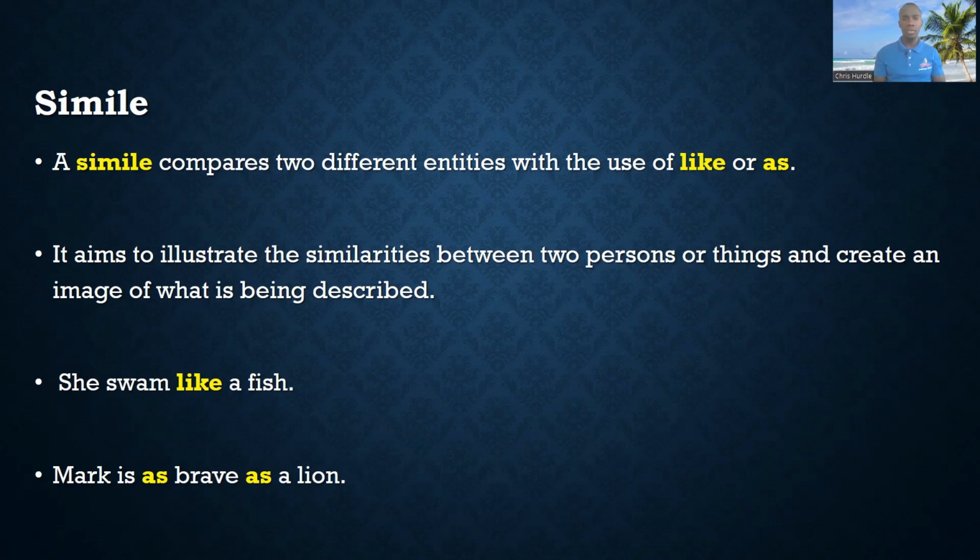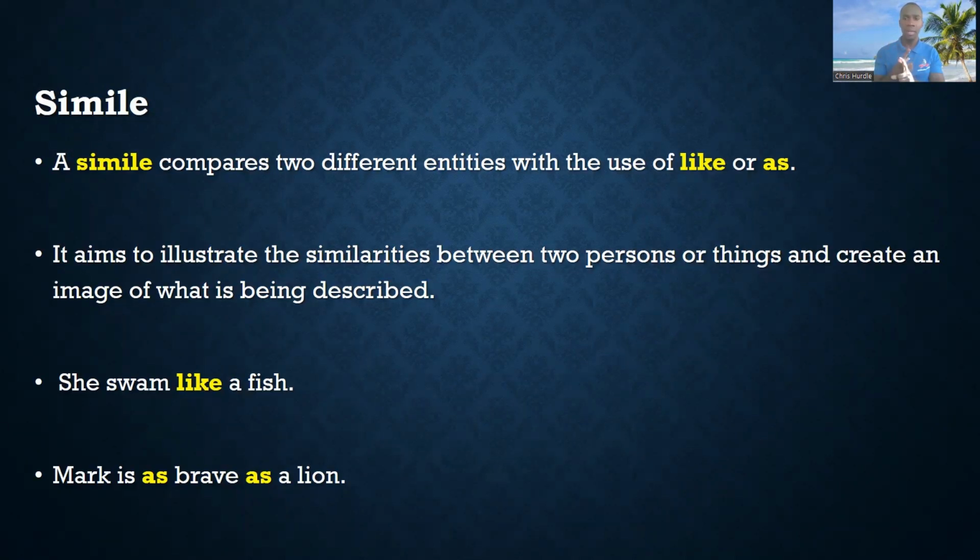So let's look at two examples. Because similes involve the use of like or as, they're easy to identify. And on that note, just because a sentence has like or as does not mean that it is an example of a simile. Not really. There are two things that are necessary for it to be a simile.